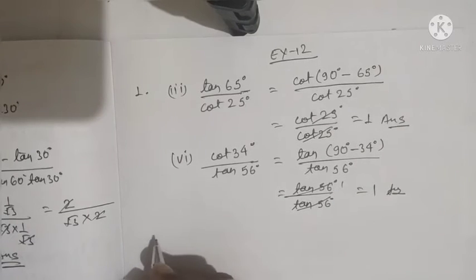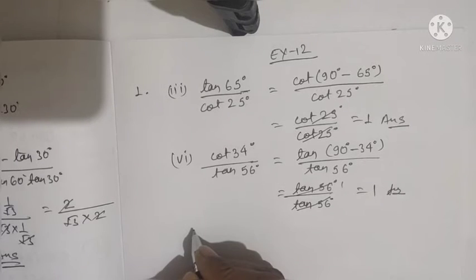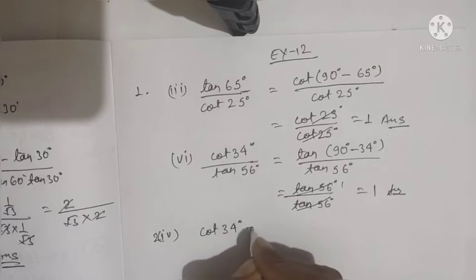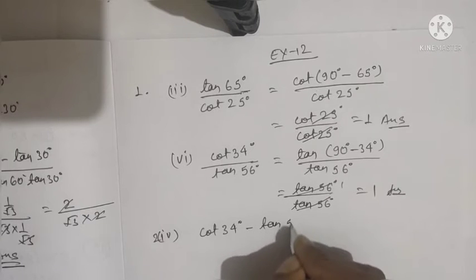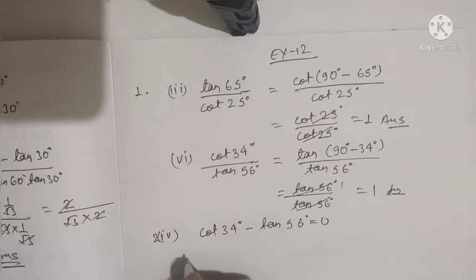Simple. Now question number 2. Question number 2 is, without using trigonometric table, we have to prove the following equations. So I am going to solve question number 4 and question number 6 here. Question number 4 is cot 34 degree minus tan 56 degree is equal to 0. So here we are going to solve cot 34 degree minus tan 56 degree and try to find the value of it. Okay.